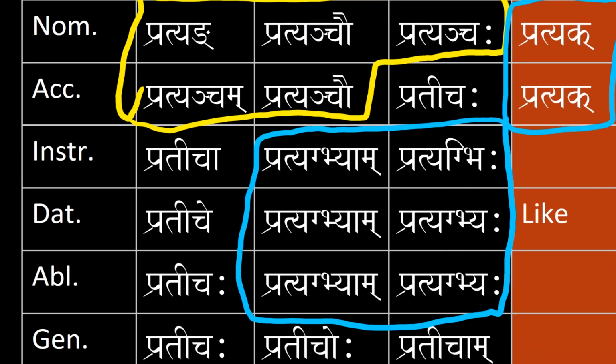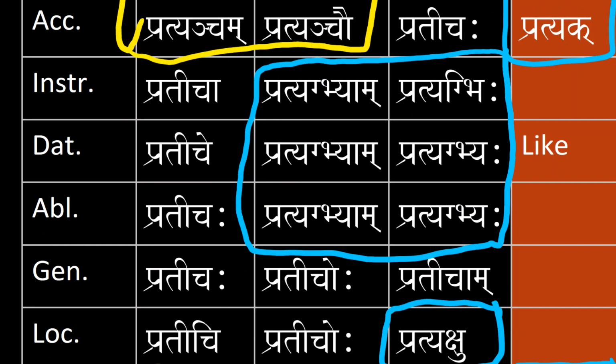For instrumental, we have praticha, pratyagbhyam, and pratyagbhihi. Notice the sandhi that is taking place. For the dative, we have pratiche, pratyagbhyam, and pratyagbhyaha. For ablative, we have pratichaha, pratyagbhyam, and pratyagbhyaha.